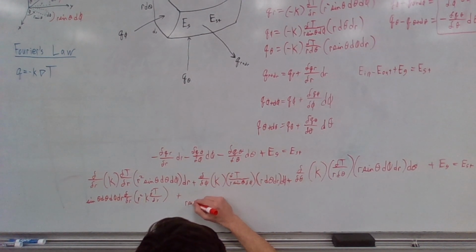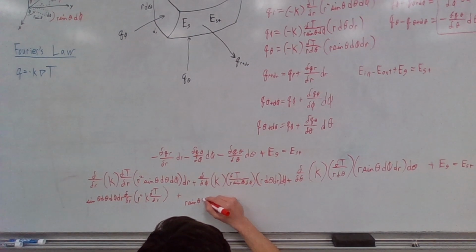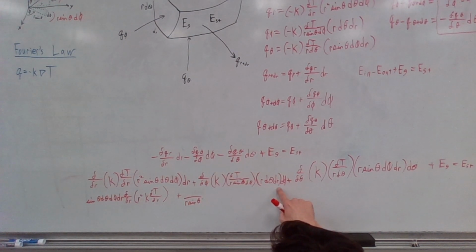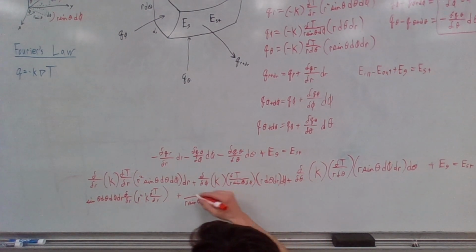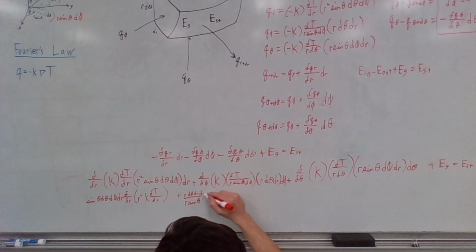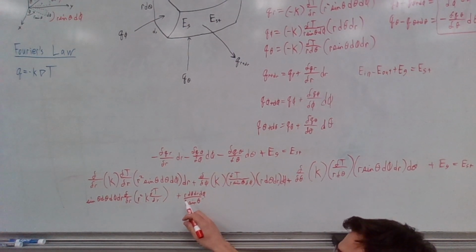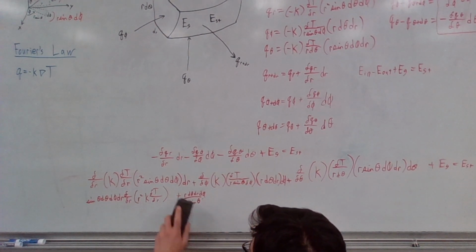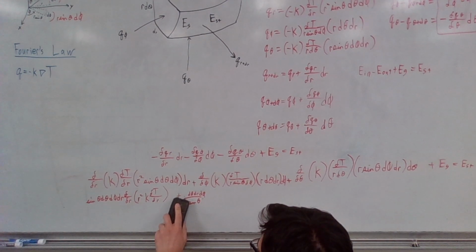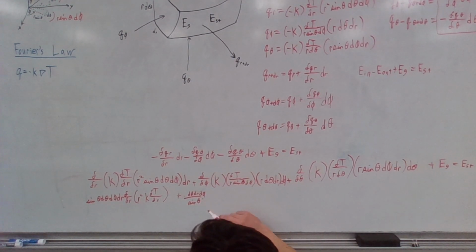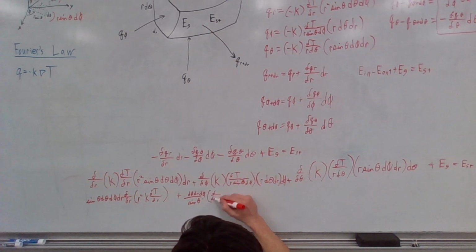So that should be r sine theta in the denominator, and we can also pull out r d theta dr d phi. And when we look at that, we've got an r in the numerator and an r in the denominator, so they cancel each other out to make it simpler. And that's going to be multiplied times our partial with respect to phi.